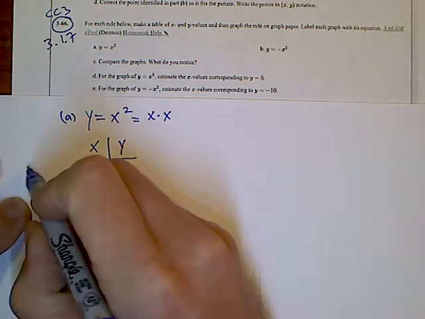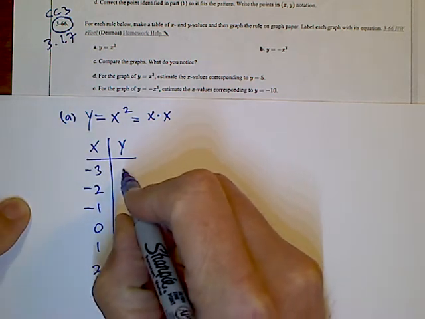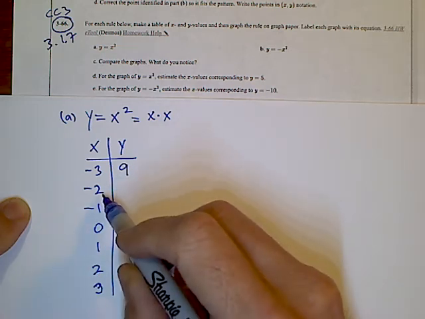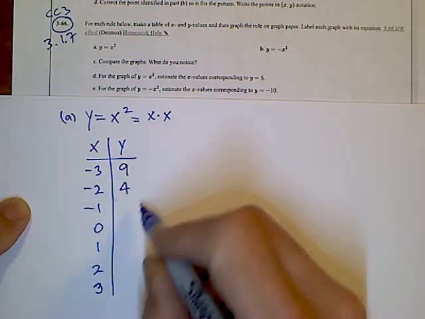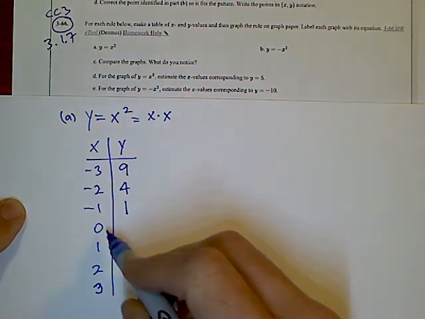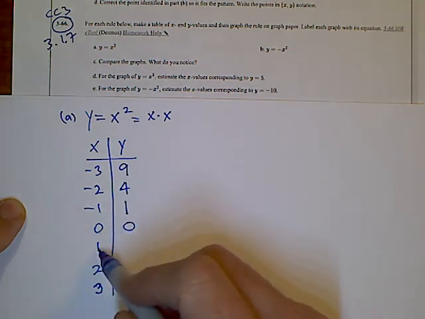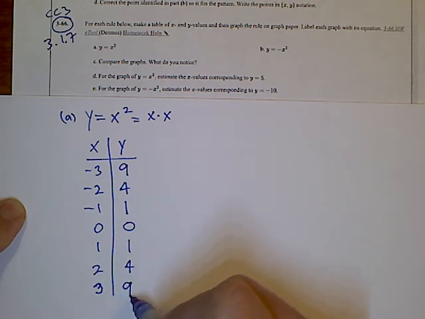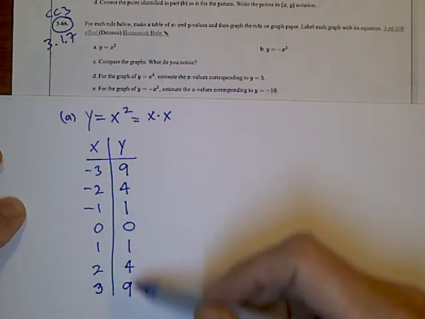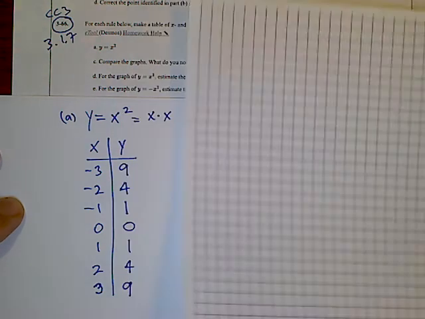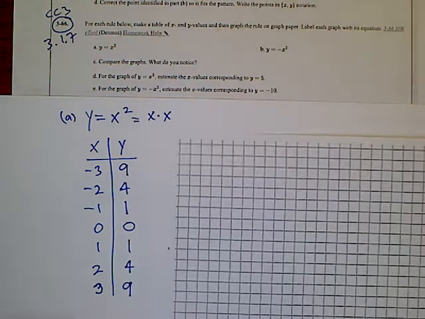So I'm multiplying -3 times -3, and I'm going to get a +9. -2 times -2, I'm going to get a +4. -1 times -1, and I get +1. 0 times 0 is 0, and then 1 times 1 is 1, 2 times 2 is 4, 3 times 3 is 9. Okay, so these are our values for the x squared.